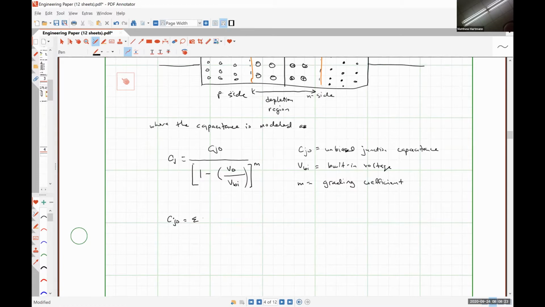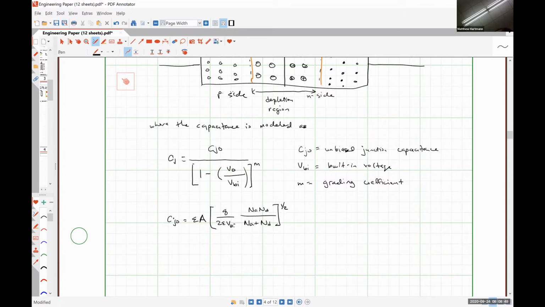CJ naught is epsilon A multiplied by Q over 2 epsilon VBI times the product of the impurity concentrations divided by the sum of the impurity concentrations.